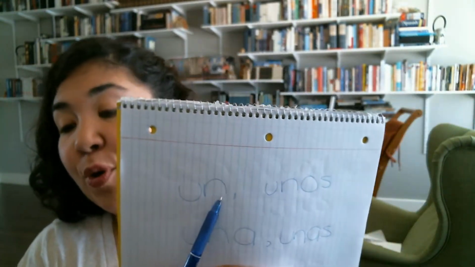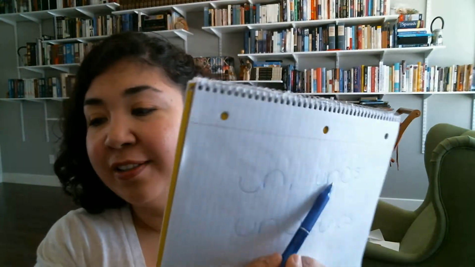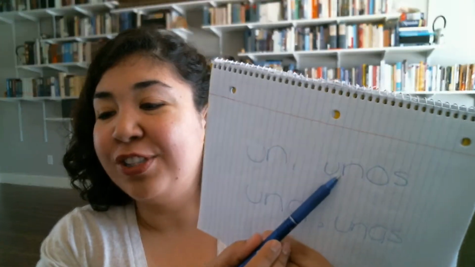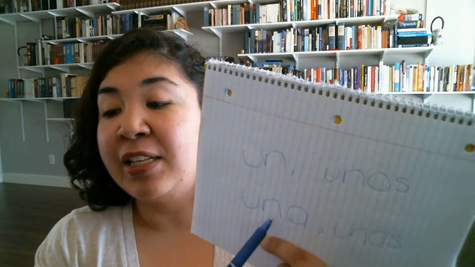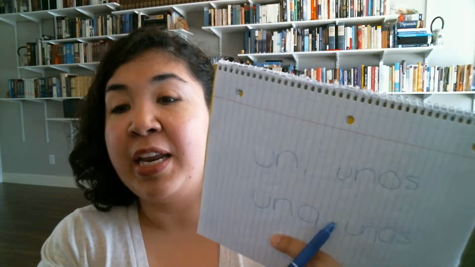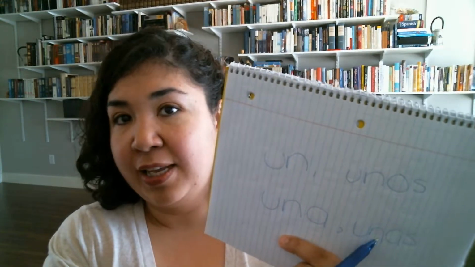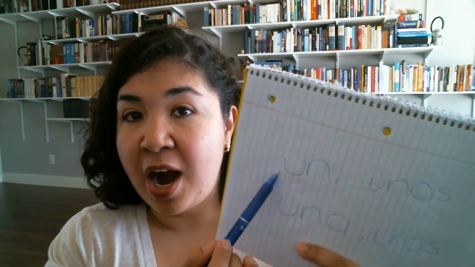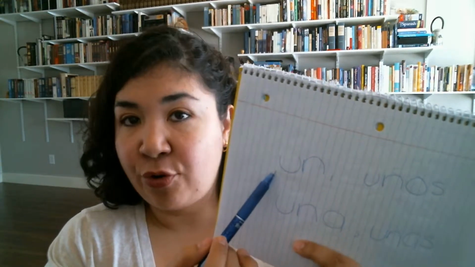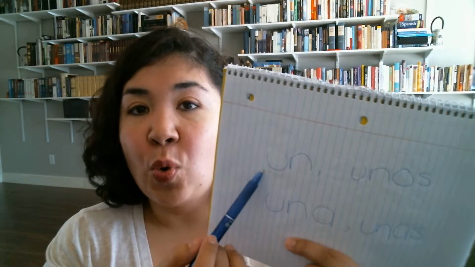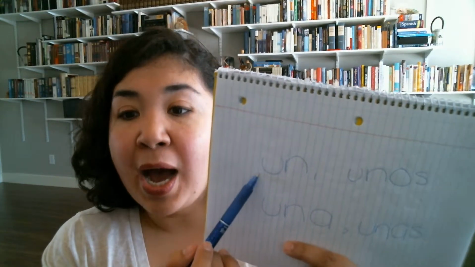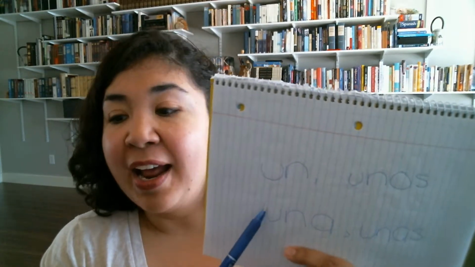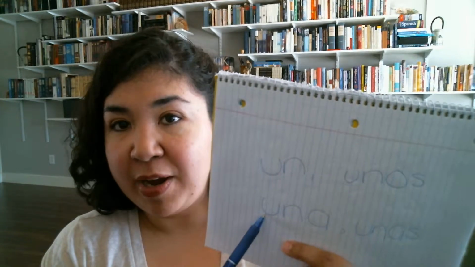To make it plural is unos. If it's feminine, it's una. And if it's feminine and plural, it's unas. And I'm going to give you some examples. A car, un carro, because it's masculine. A cup, una taza, because it's feminine.